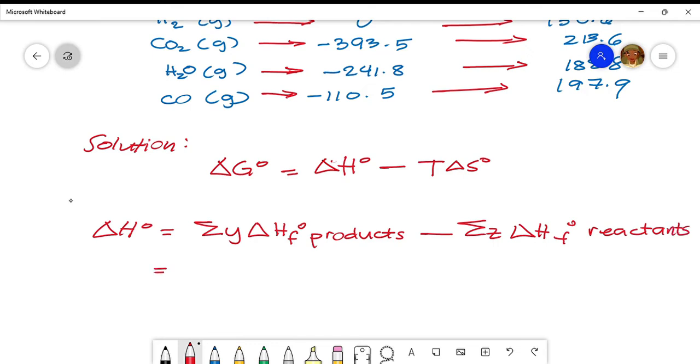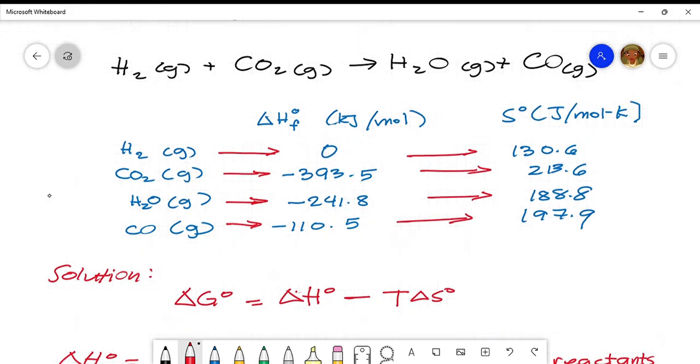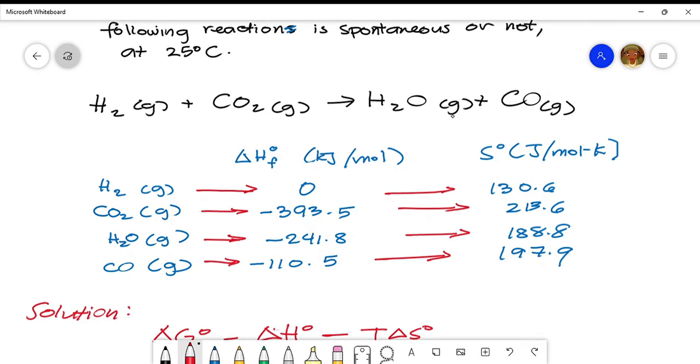So for the product side, we have H2O and CO. This is already a balanced equation, so we have 1 mole.